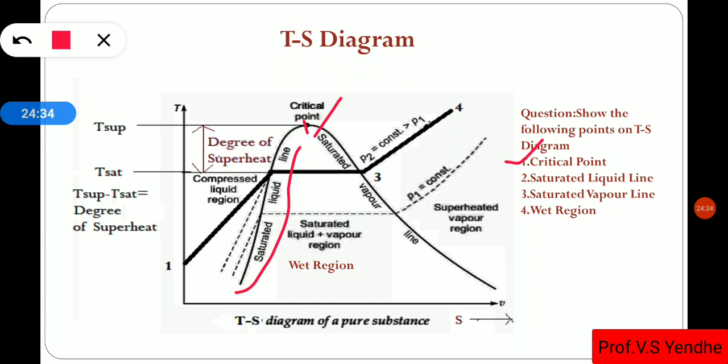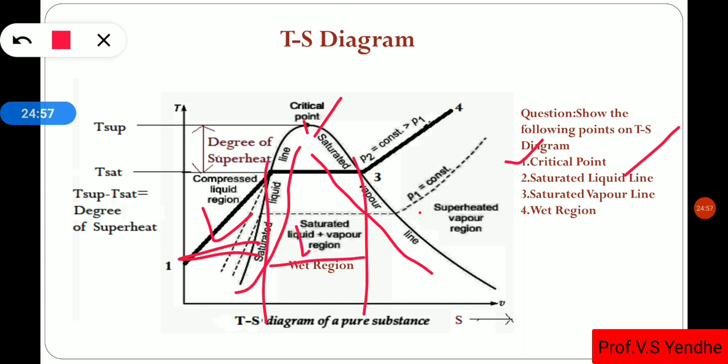That is our second point. Then the line after this point is known as the saturated vapor line. Then regions: this is completely the liquid region, then liquid plus gas, then this is the gas phase, vapor phase.